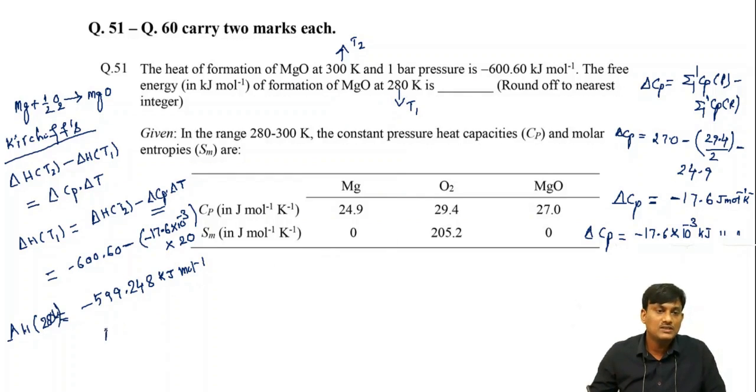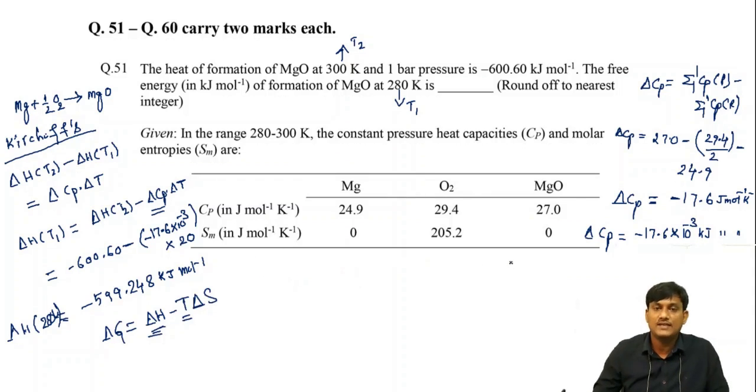You have to calculate delta G at 280 Kelvin. We know that delta G is equal to delta H minus T delta S. We know the value of delta H at 280 Kelvin, and you have to calculate delta S. What is the delta S here? Delta S is the sum of entropy of products minus sum of entropy of reactants. This one is 0. 0 minus 205.2 minus 0.